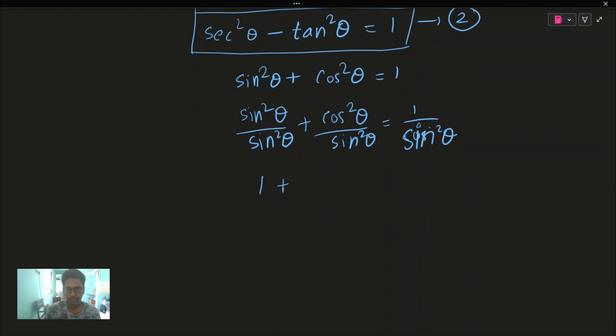One plus cot square theta is equal to cosecant square theta, which means cosecant square theta minus cot square theta is equal to 1.